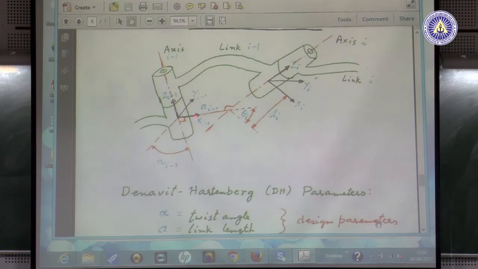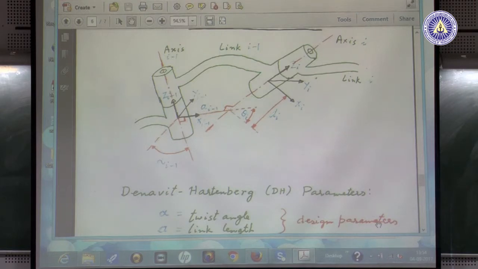Say this frame is already there, that is, with this link i minus 1 you have already attached a frame. One rule that we invariably follow is that the z axis of the frame is along the axis of the joint, and when I say axis of the joint, it is the axis of rotation or translation.